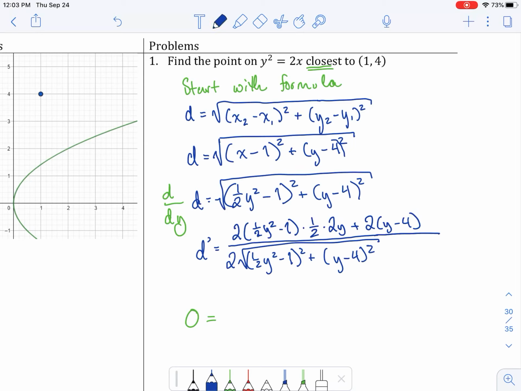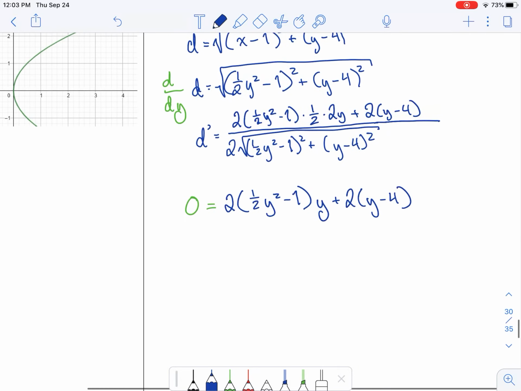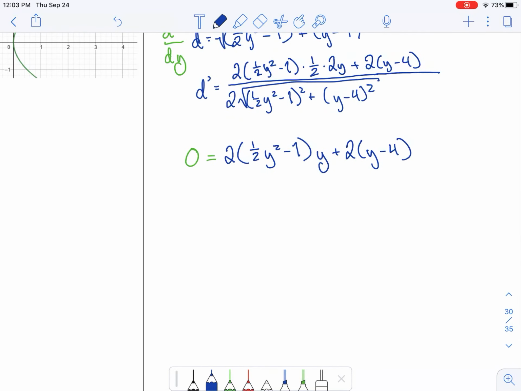You can multiply the denominator up, and that's going to make this a lot easier. So this becomes 2 times (1/2 y squared minus 1), I'm going to simplify that to just times y, plus 2y minus 4, which becomes a much more straightforward problem to simplify by.